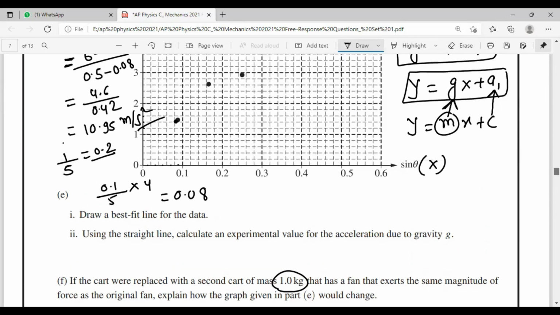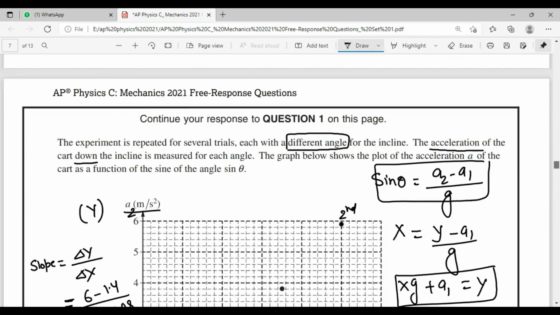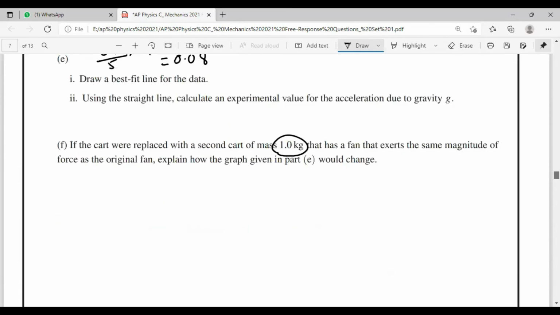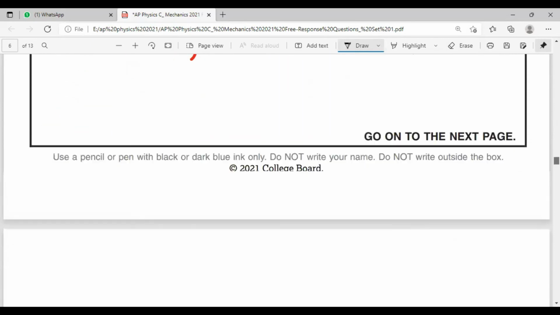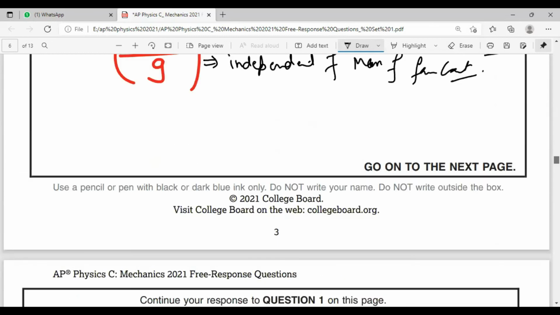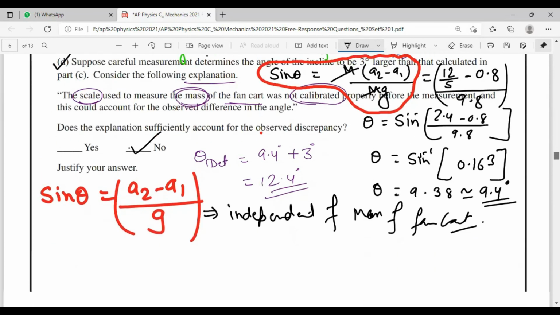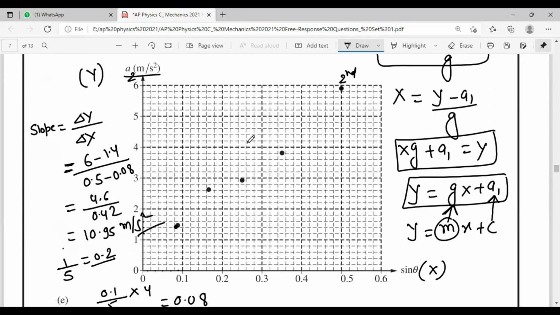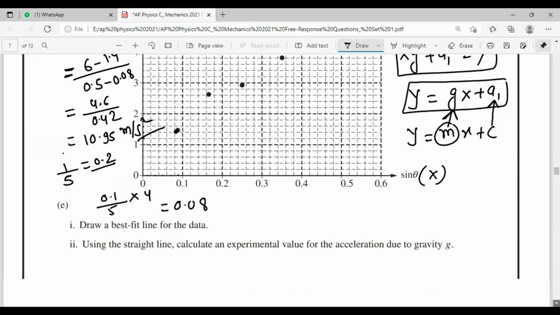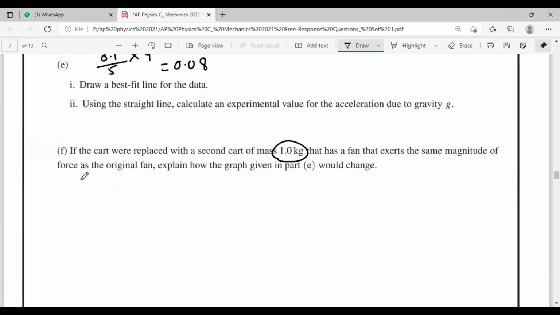So let us see part E. This was our best fit line, as you can see in the previous snapshot. So how will this graph change?